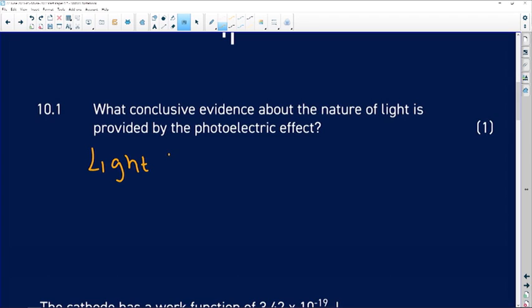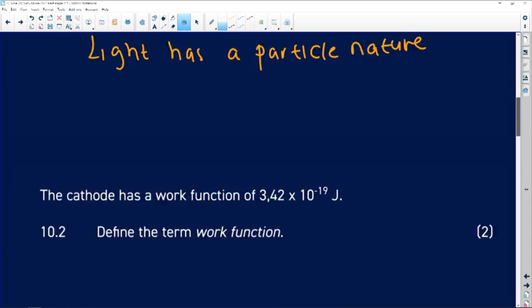Or you can say light is quantized, but I think stick to light has a particle nature. Let's go to the next question here.